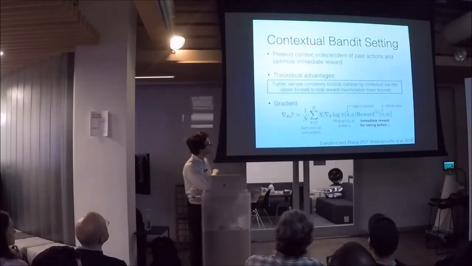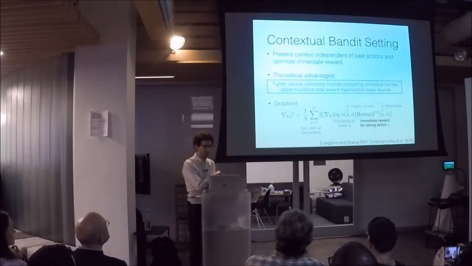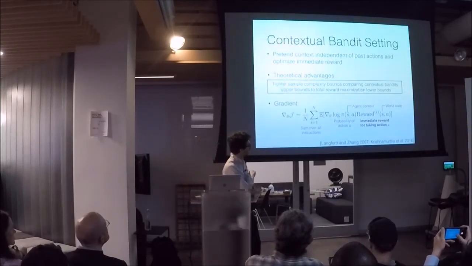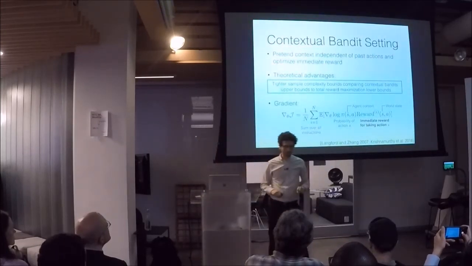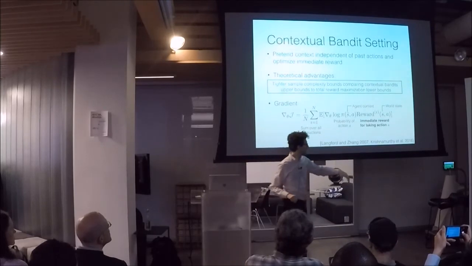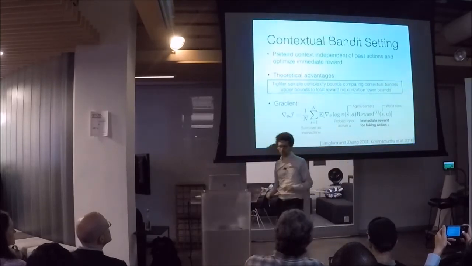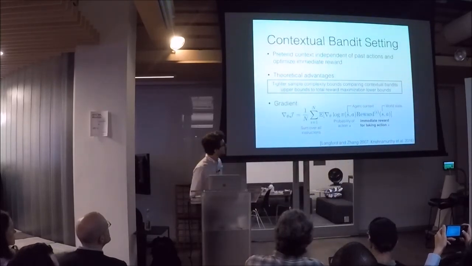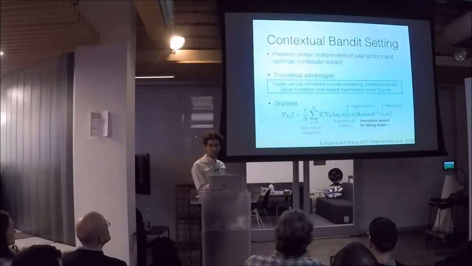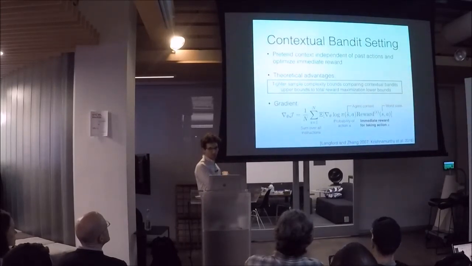And this has some very nice theoretical advantages. There is very nice theoretical work from John Langford's group and from a paper by Krishnamurthy in 2016 that shows that optimizing the immediate reward is actually much easier than optimizing a total expected reward, and you get much nicer upper bounds on sample complexity.